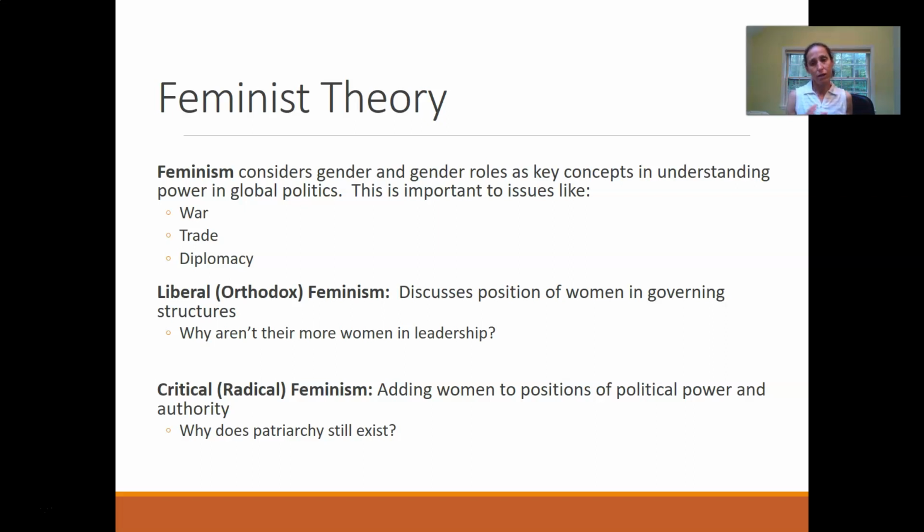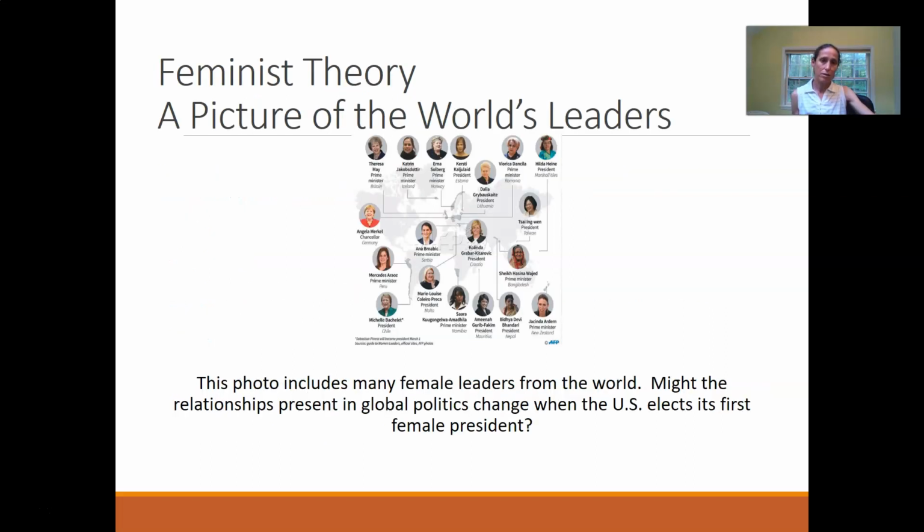On the other hand, critical feminism thinks that we need to change the way that we conceive the whole system. So we need to think differently about world politics, not just think the same and add females into the mix. So it's not a huge difference, but it matters, right?